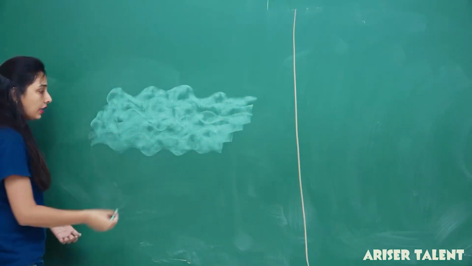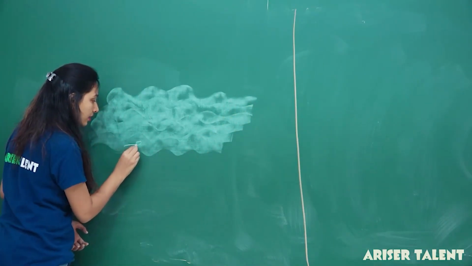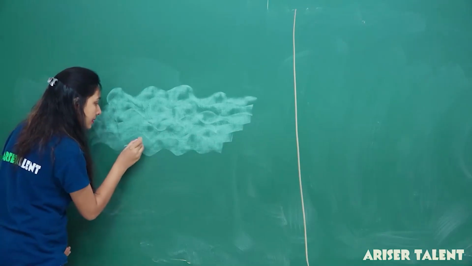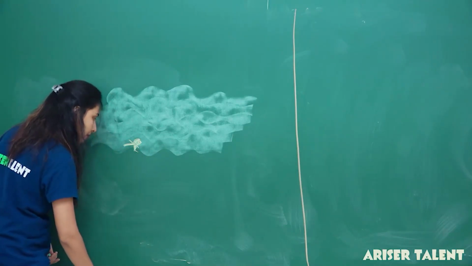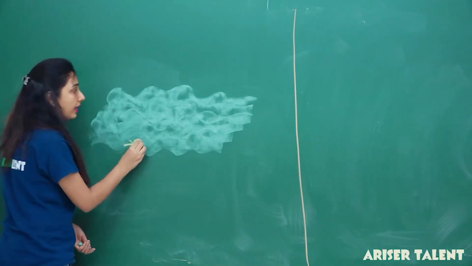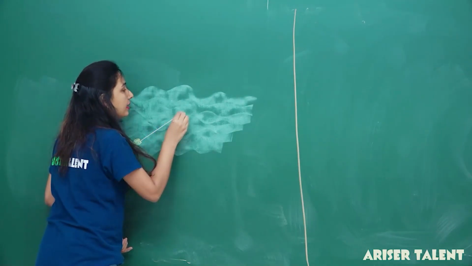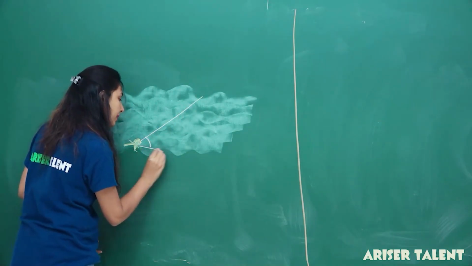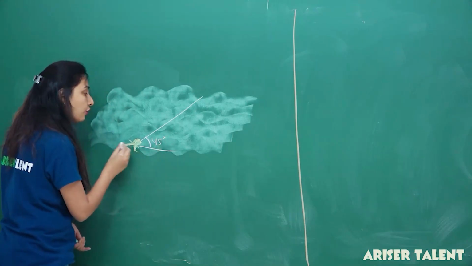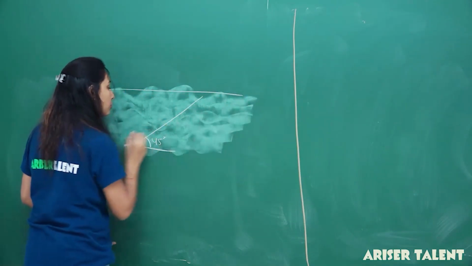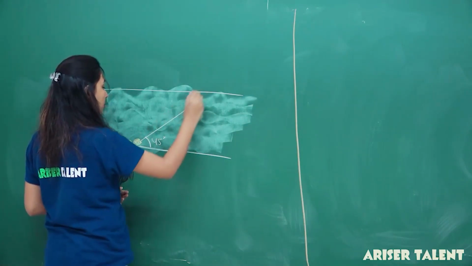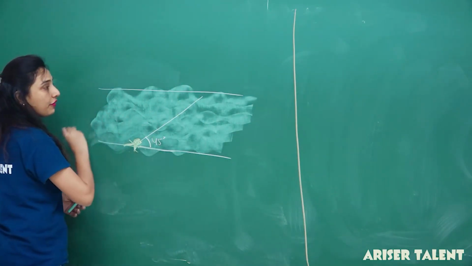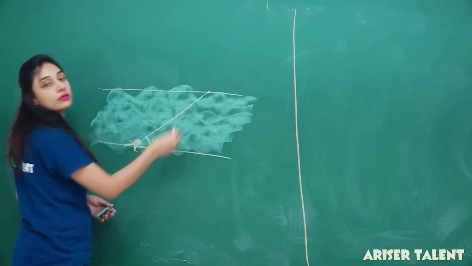Now you can imagine a person here, and this person starts swimming at an angle, let's say 45 degrees. These are two parallel banks. So this swimmer starts swimming at 45 degrees and reaches here.